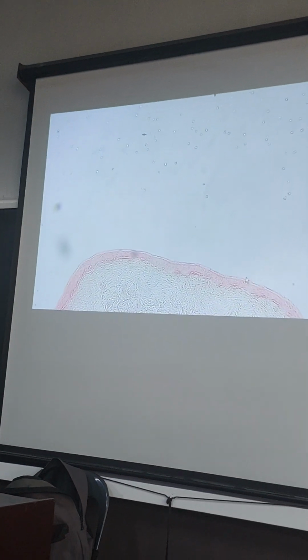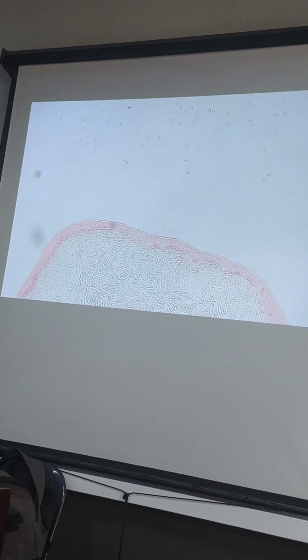It's the condensed border. That's correct. So what type of epithelium are we looking at? Transitional. Do you think this is a full or empty urinary bladder, based on the appearance of the epithelium? Empty. Oh, you seem to have different opinions.